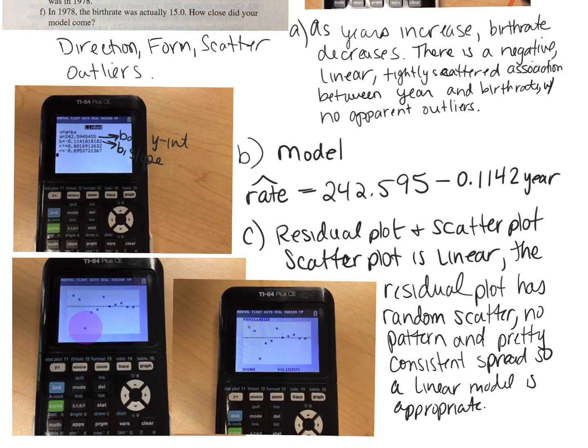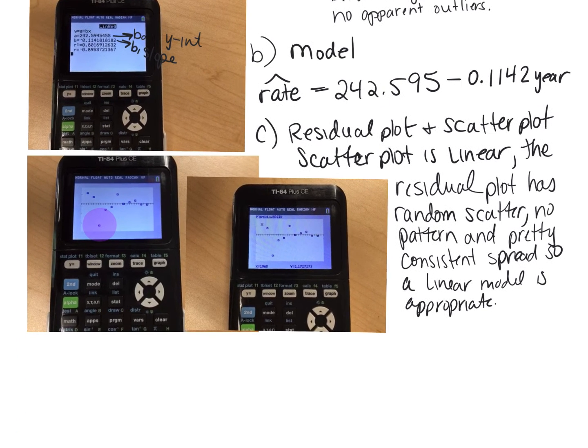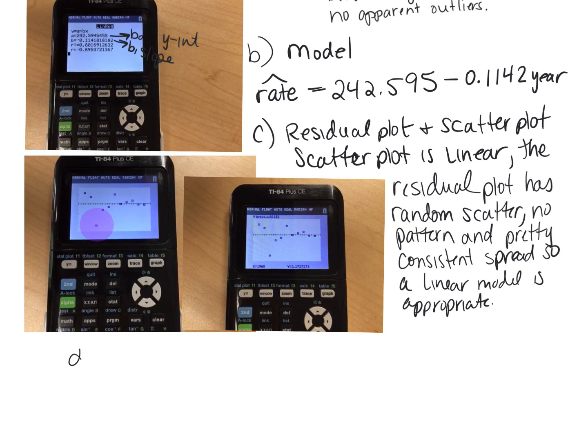Part D, interpret the slope of the line. So our slope is negative 0.1142. Okay, so for the slope, we use our cookie cutter statements.